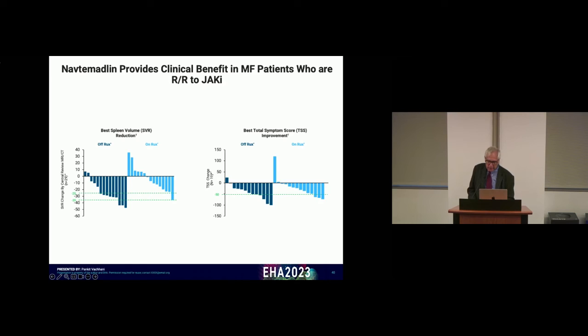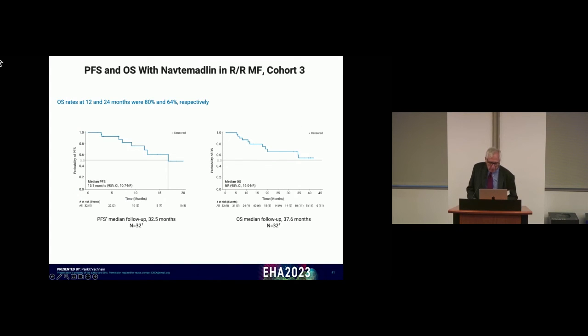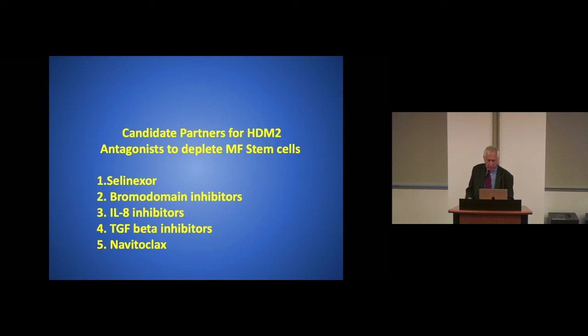So it does a lot of the things in these patients that are refractory to JAK2 inhibitors that we were looking for. But the most important thing is it prolongs survival in this phase 2 trial in comparison to historical control. So this drug is also being evaluated in a phase 3 trial, and hopefully these phase 3 trials will all work out.